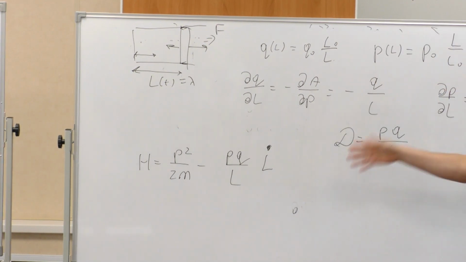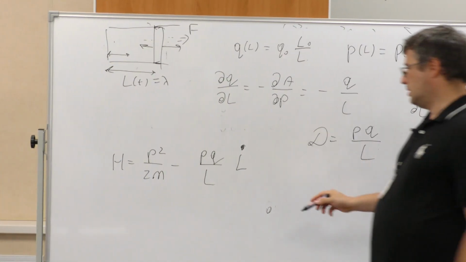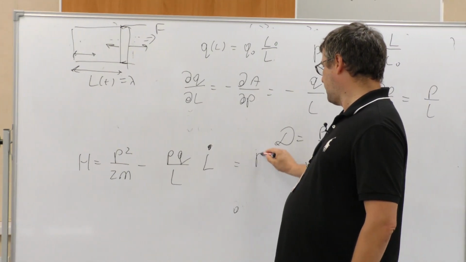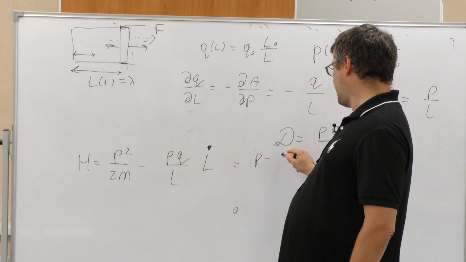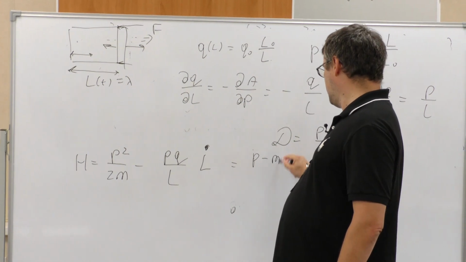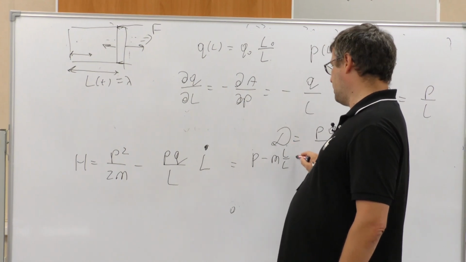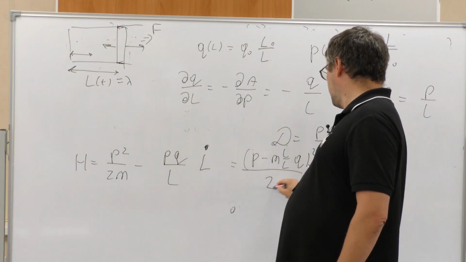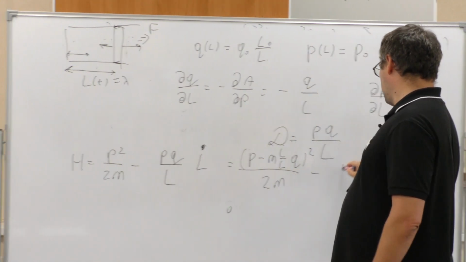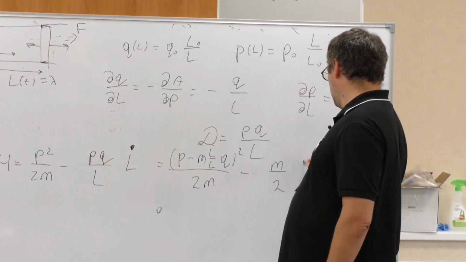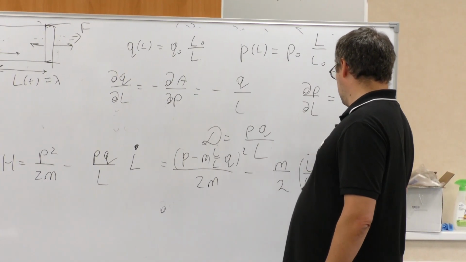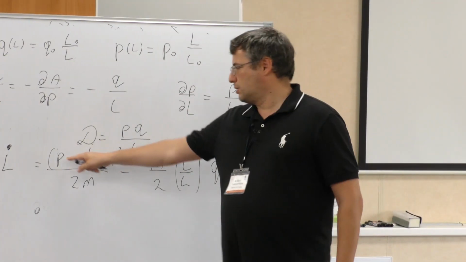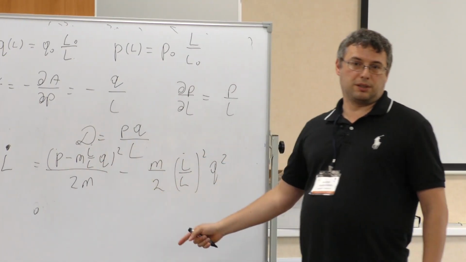And again, I now simplify the problem a lot. You can probably recall that we can do standard tricks we use in electromagnetism, so I can complete the square to make it a little bit simpler: (P minus M L dot Q over L) squared over 2M, minus M over 2 L dot over L squared times Q squared. And now this really looks like a vector potential.